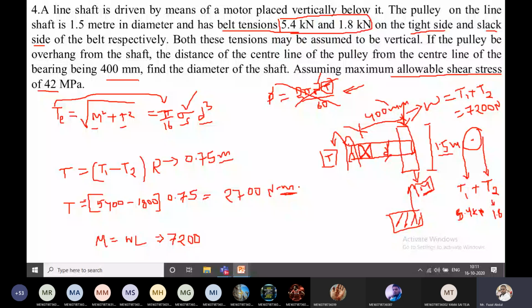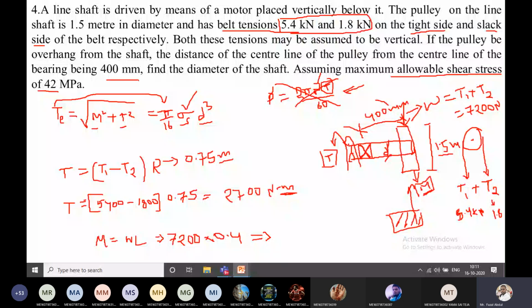What is the answer? 7200 into 0.4 is 2880 Newton meter.